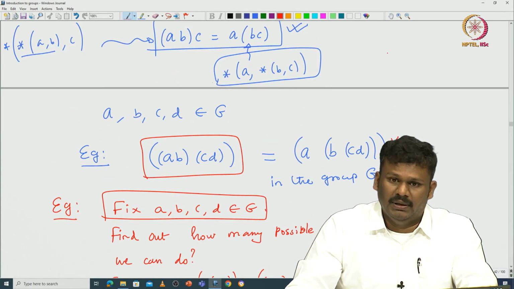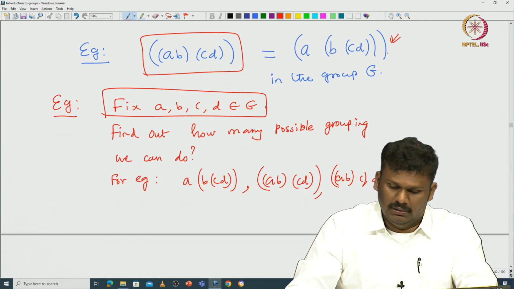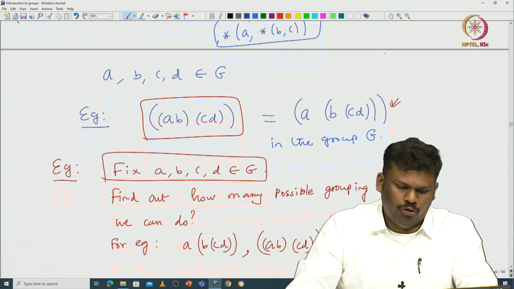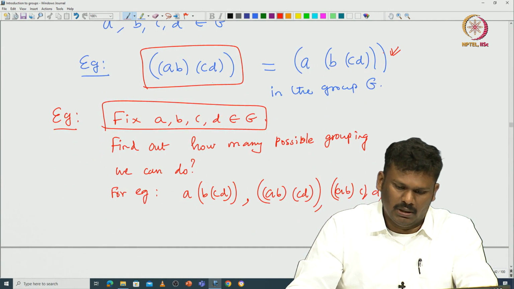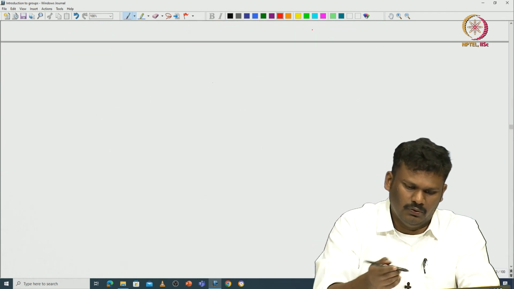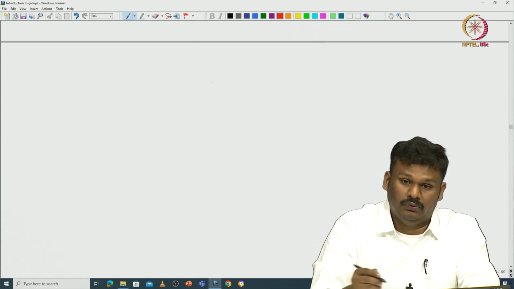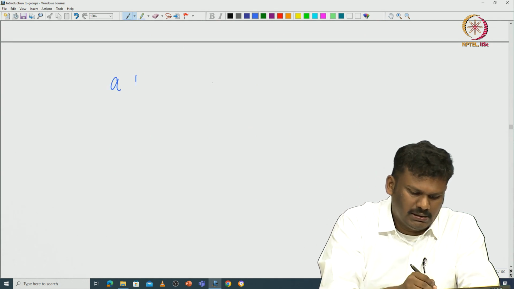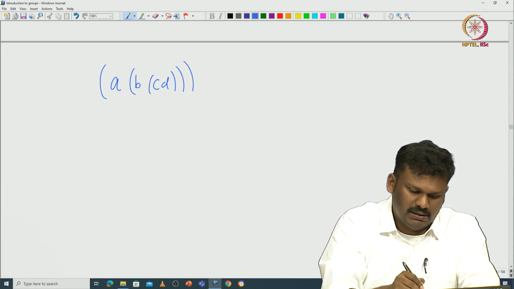Maybe later I will discuss this, but for 4 it is very clear what I am talking about. So, let us do this small example and then we will get some idea of what to do with the general case. Let us consider A, B and then C, D. One possible bracket I said you can do is something like this.